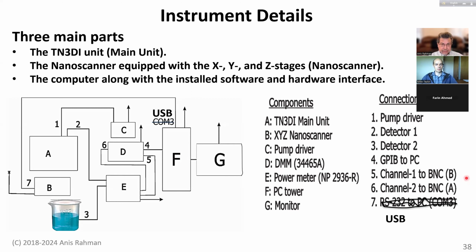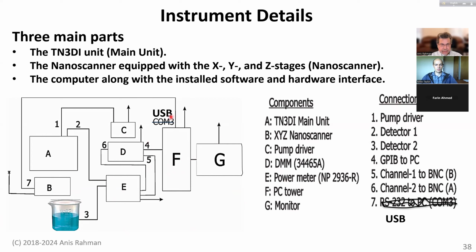So if you look at this diagram here, A is the main box, and then B next to it is the XYZ axis nanoscanner. And then there are digitizers, and there are pump lasers, drivers. There are, of course, the PC and the monitor.